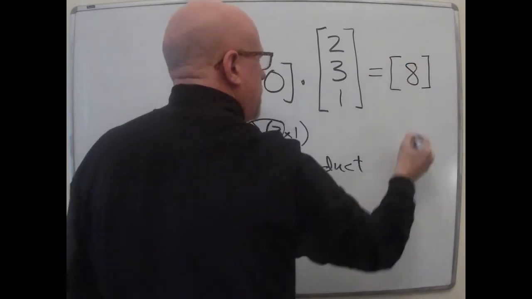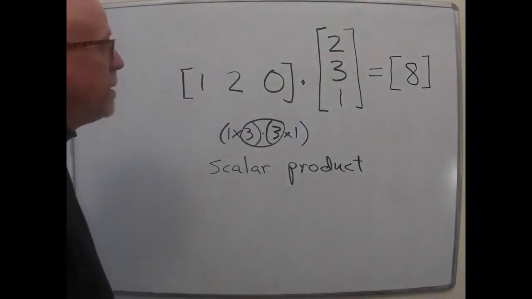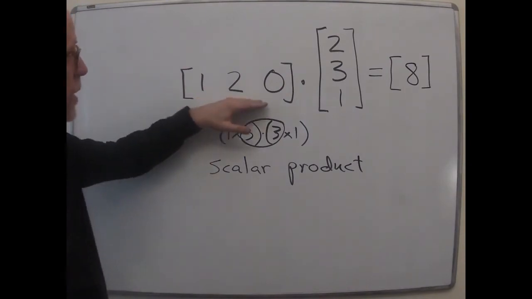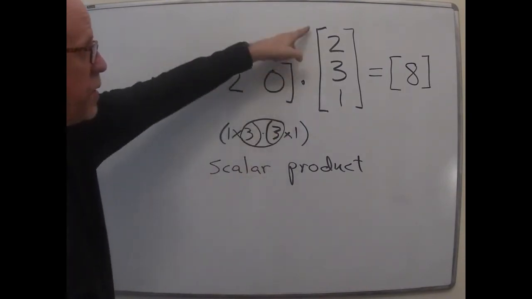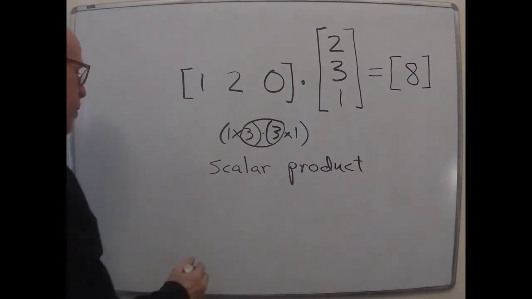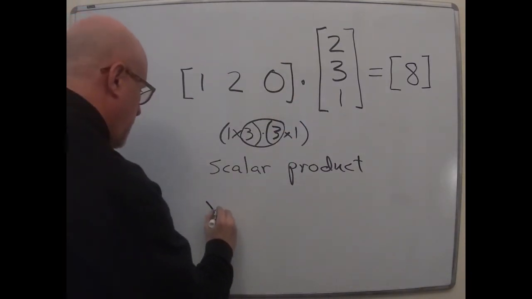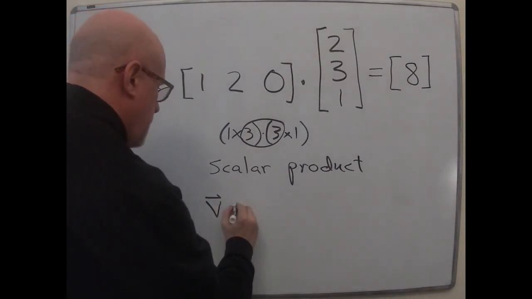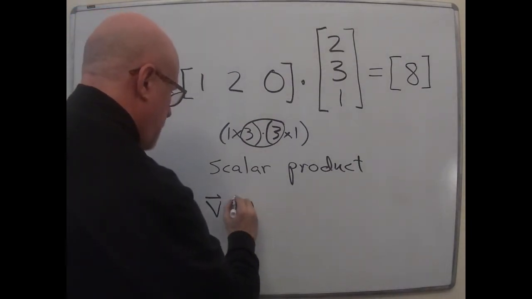That's an 8. So we've got the dot product of two vectors. Actually, that's what we're doing here. This vector is written as a row vector, this vector is a column vector, and you get the dot product. Often, if you're going on to linear algebra, they would call this V times W transpose.